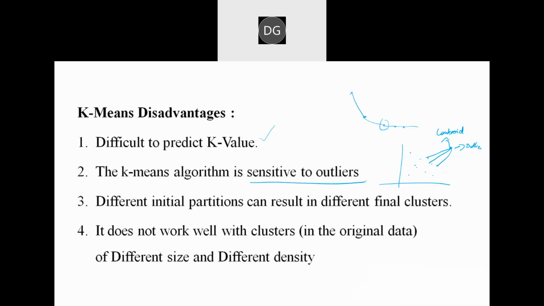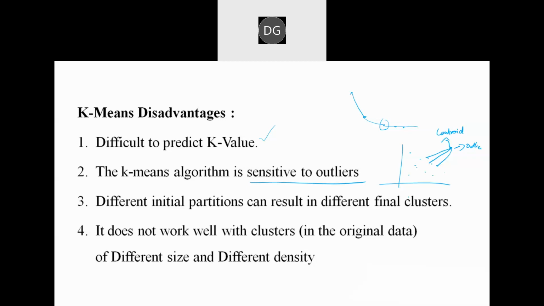Then different initial partitions can result in different final clusters. So in starting also, out of the 8 points, I started with 1, 4 and 7. Instead of taking 1, 4 and 7, if I had taken something else, it might have taken even more iterations to complete these steps, right? As I have taken 1, 4, 7, in the second iteration itself I got the third cluster as the correct point.